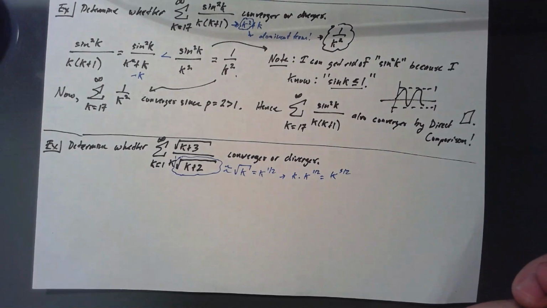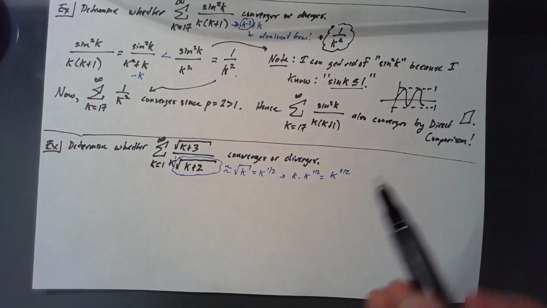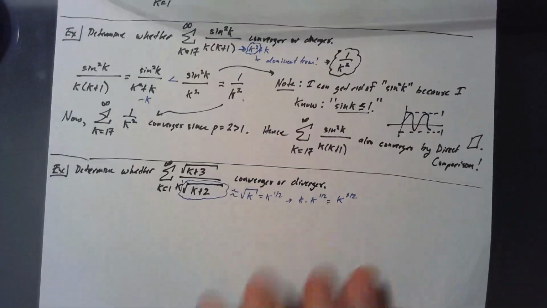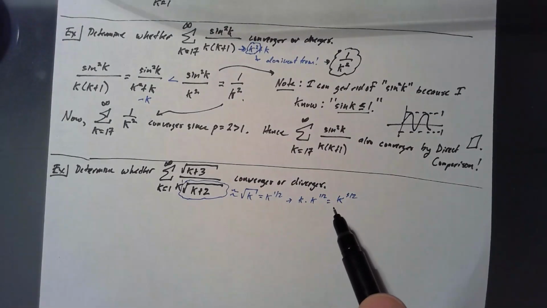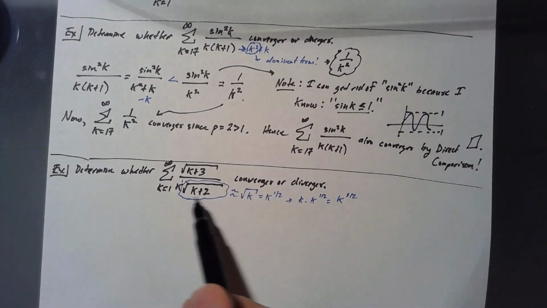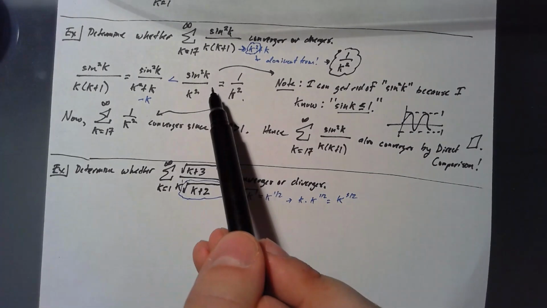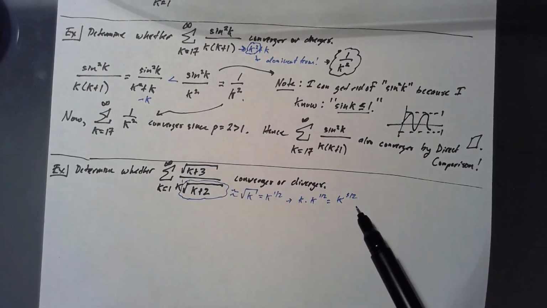Now, if I do that here, well, that's fine. And then I subtract this and I do it the way I've been doing it. I know that this is going to converge and then I'm good to go, right?